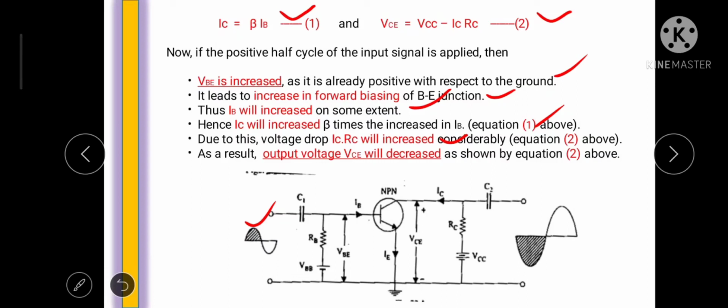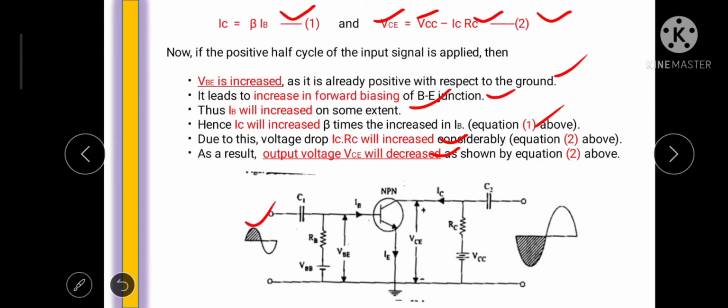In this equation, VCC is a constant term and the value of IC into RC is going to increase. That means the overall value of VCE is going to decrease. So finally we can say that the output voltage VCE will also decrease as shown by equation number 2 above.